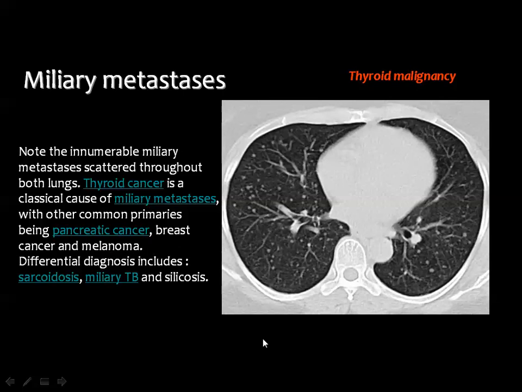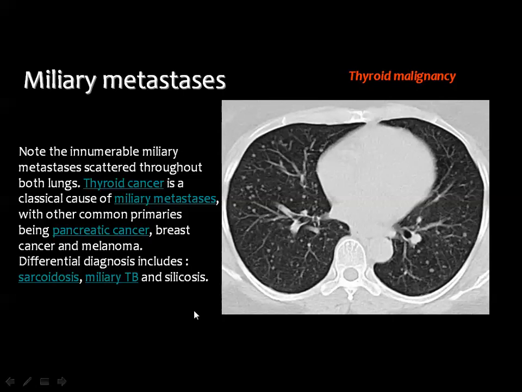The differential diagnosis will be with sarcoid and miliary TB and silicosis. Of course, sarcoidosis has very lymphatic distribution, lymphadenopathy, and so on. But in miliary tuberculosis, the nodules are randomly distributed, but they are less than 3 millimeter in diameter.